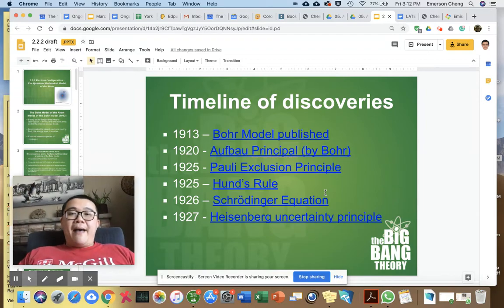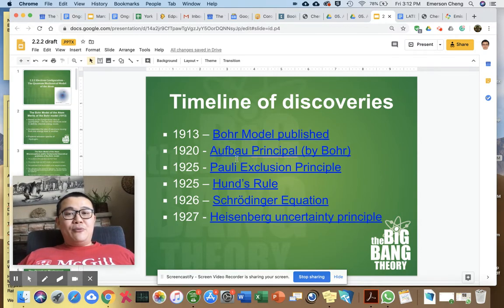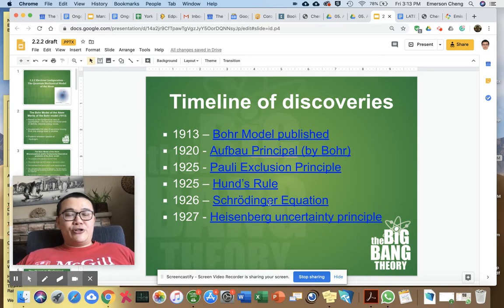So what happened since Niels Bohr published his Bohr model? Now we have a number of these names. Don't ask me how to pronounce some of them. This one, even though it's by Niels Bohr, has a German name, at least the Pauli exclusion principle. You'll see this later on. The Schrodinger equation, again another name that's difficult.